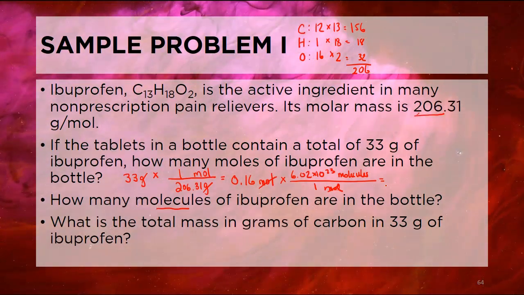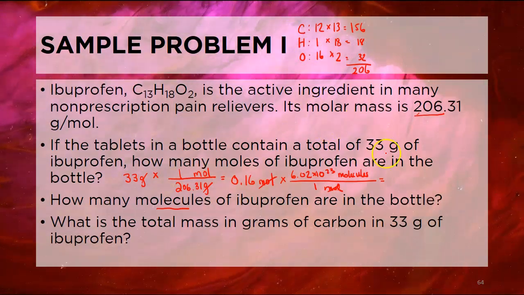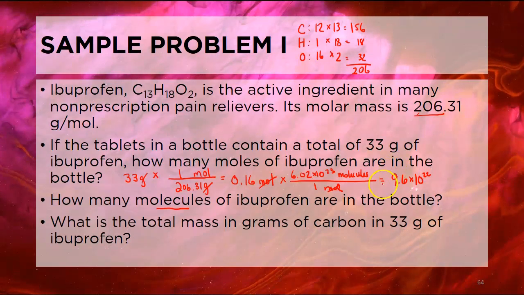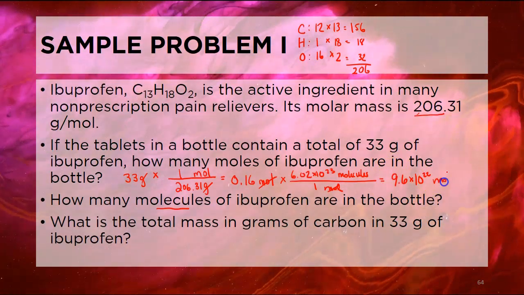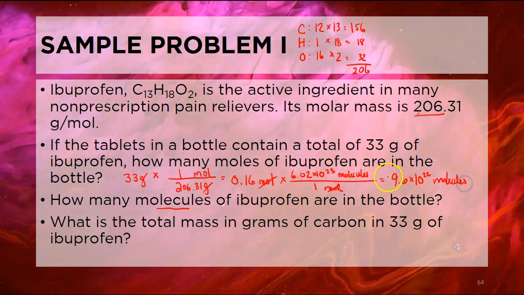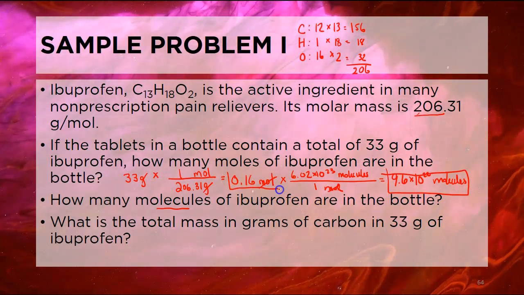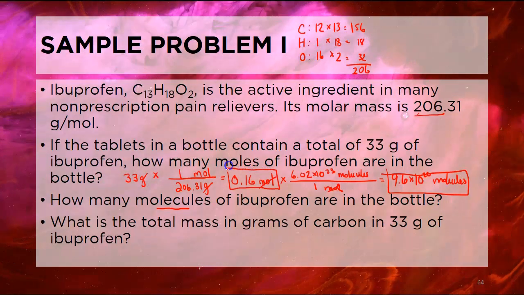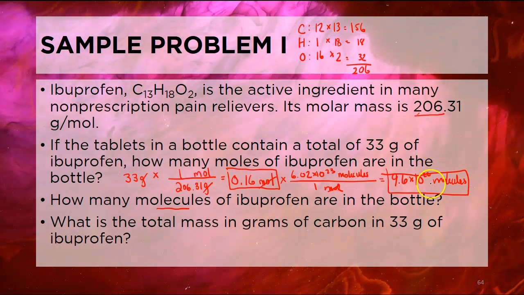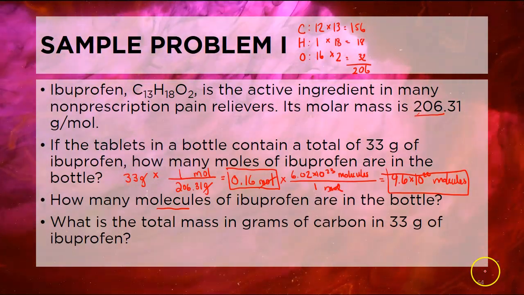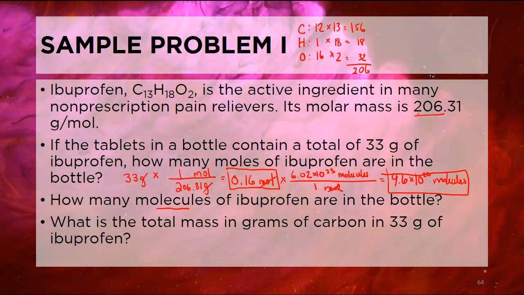I get 9.6 times 10 to the 22nd molecules. So this was the answer to the first question. This is the answer to the second question. And they ask us one more. Any questions so far?